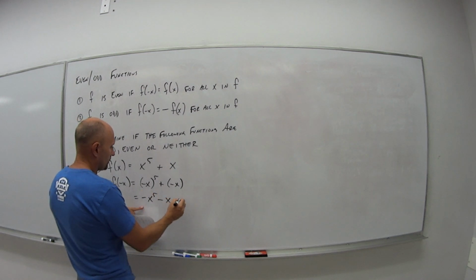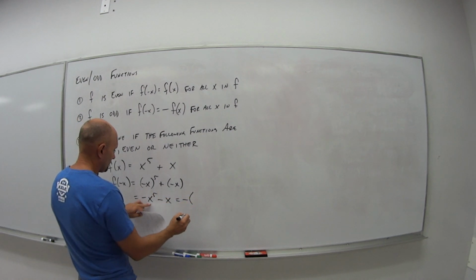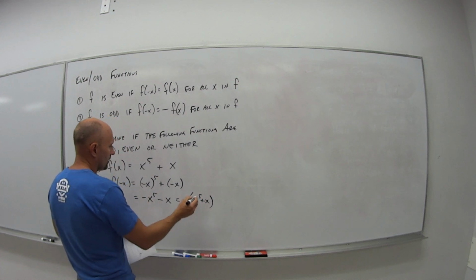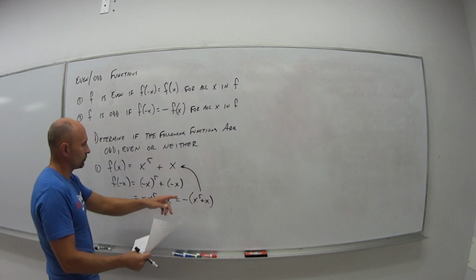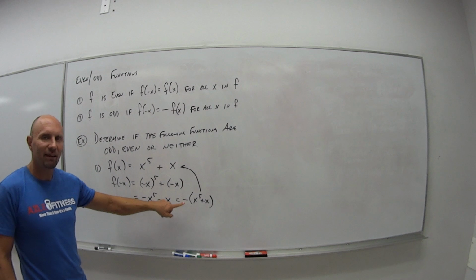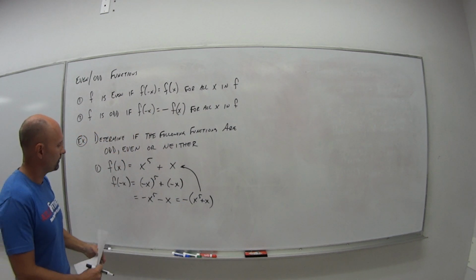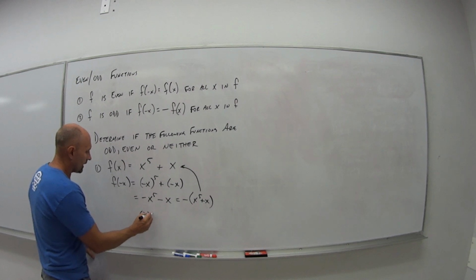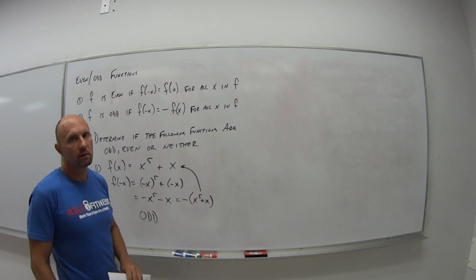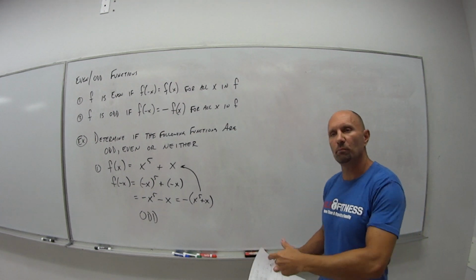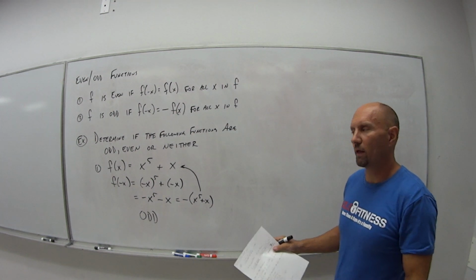If I factor out a negative 1, what am I left with? X to the 5th plus x. Well, x to the 5th plus x is what I started with, but now I have a negative in front of it, which tells me that this is an odd function. So if I plug in negative x, all that it does is it brings a negative out in front of the whole thing.